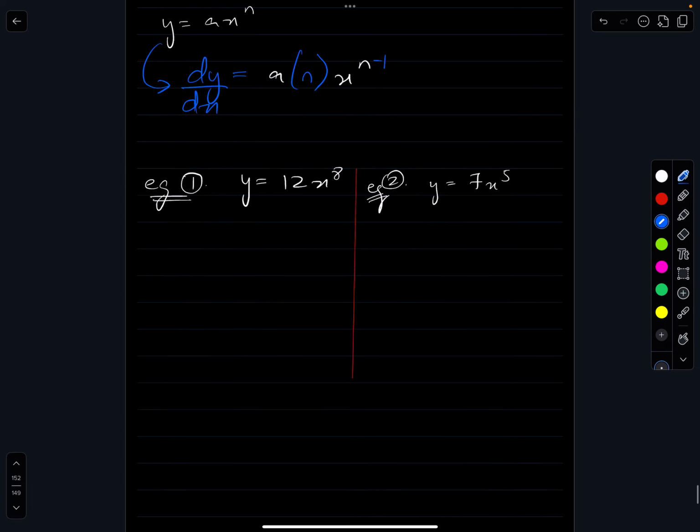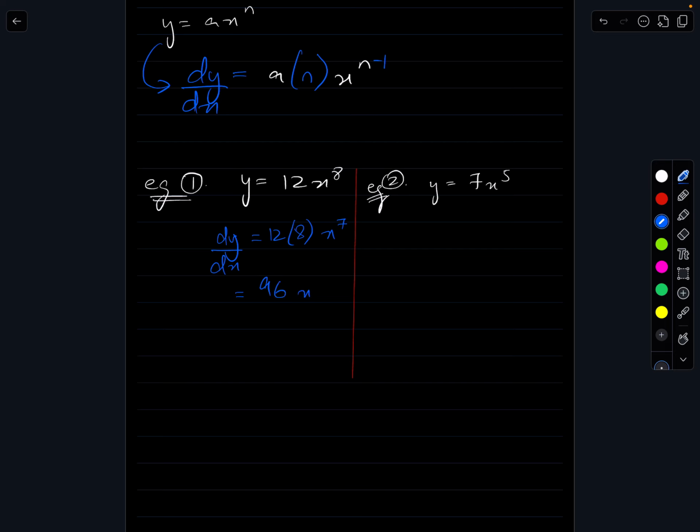Similarly, in example 1, dy by dx or y dash if you want to write it as that. So bring the power down, 12 multiplied by 8, and reduce the power by 1, so it becomes 7. And 12 multiplied by 8 is 96.